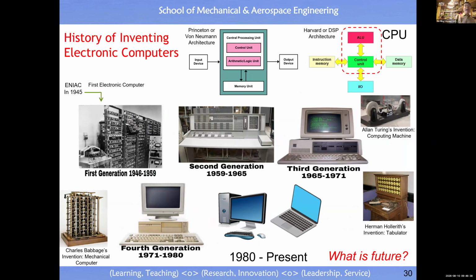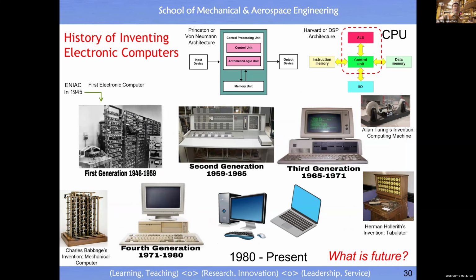Okay, clear? And then what is the history of inventing the electronic computer? Because today we never use manually operated computers or mechanically operated computers, right? Because they are not easy to program. Okay, so this is why today the popular computers are electronic computers.